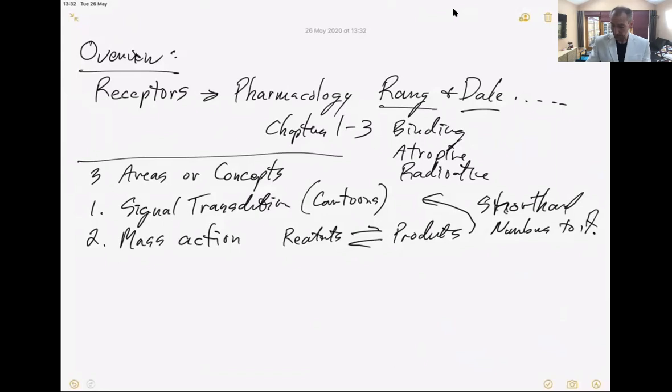Okay, in terms of the third one, it's going to be experimental. I'm going to give you sort of a whiteboard version of an agonist experiment. We'll throw in some antagonists. We'll throw in competitive and non-competitive antagonists. We'll look at what makes a full agonist, what makes a partial agonist. And all of these 3 concepts should fit together.